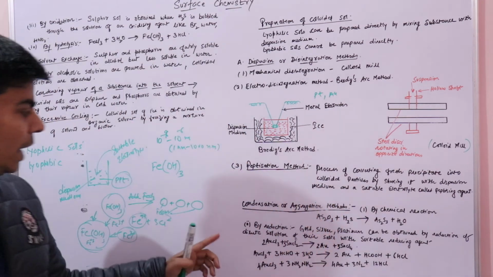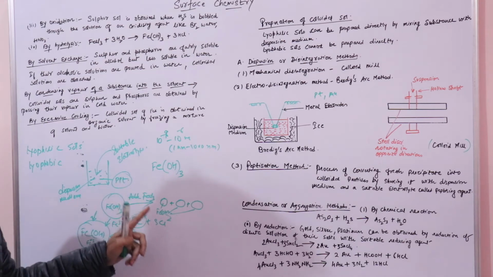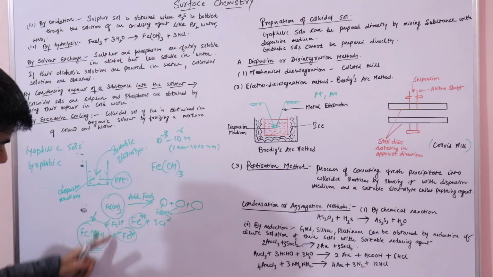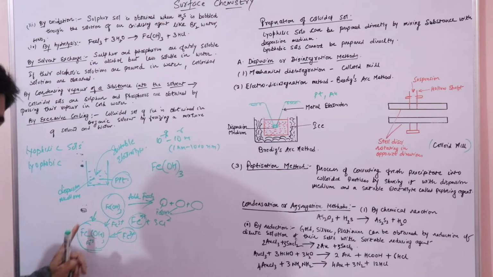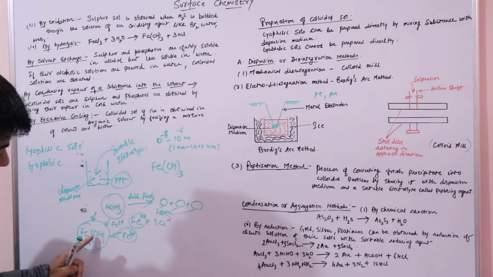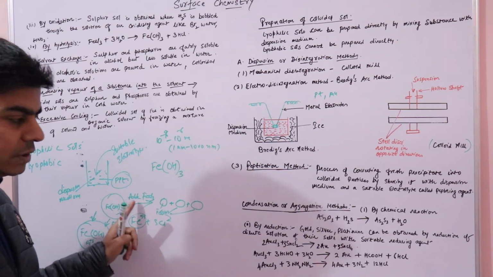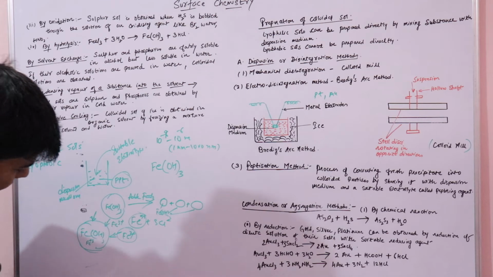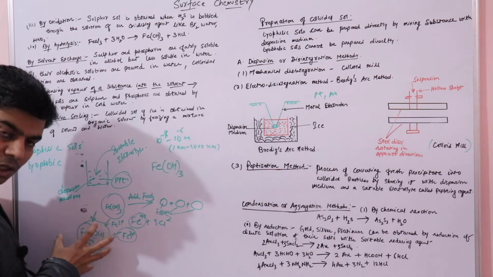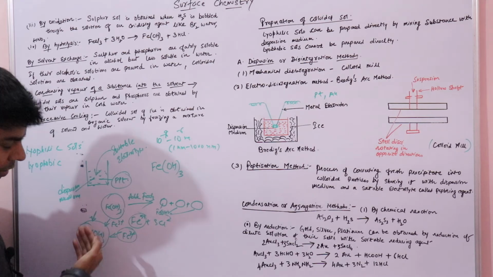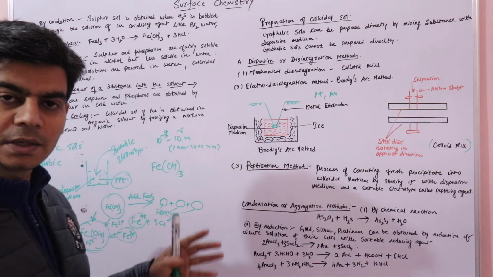So when you add this electrolyte, a common ion would be adsorbed by this precipitate. So when this precipitate adsorbs the common ion formed from the added electrolyte, which is your peptizing agent, the adsorption of this common ion will result in electrostatic repulsion.